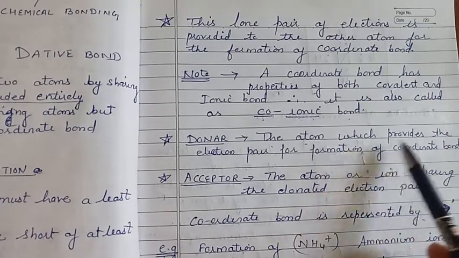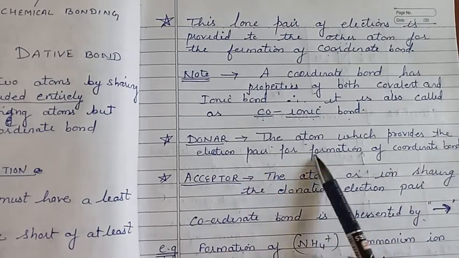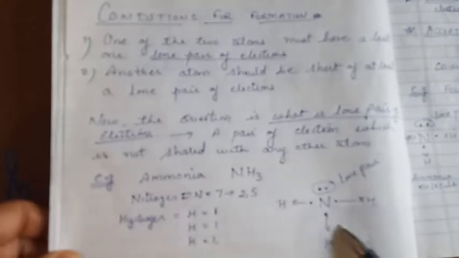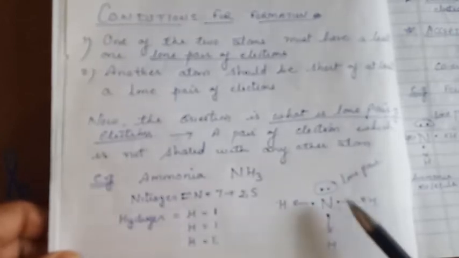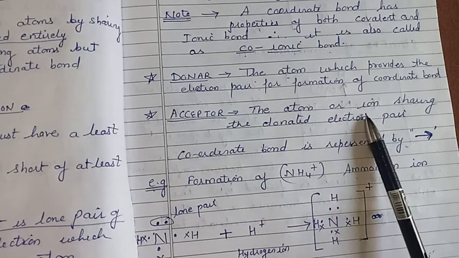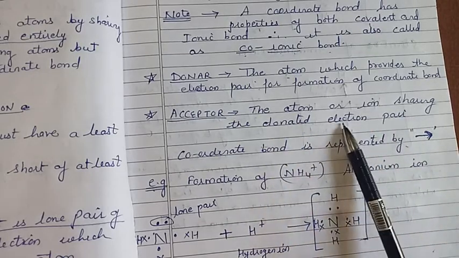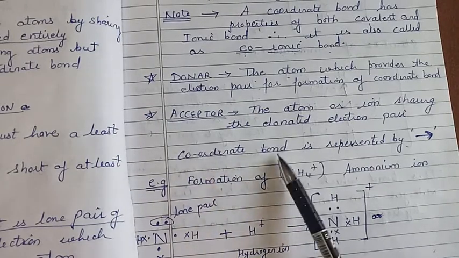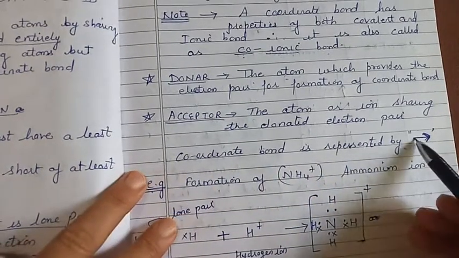The atom which provides an electron pair for the formation of a coordinate bond, as I have shown here in the ammonia. This compound has one lone pair, so this ammonia is a donor and one is the acceptor. The atom or ion sharing the donated electron pair is an acceptor. And a coordinate bond is represented by this sign.